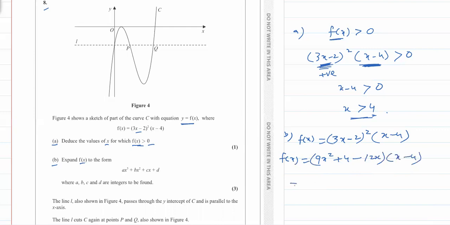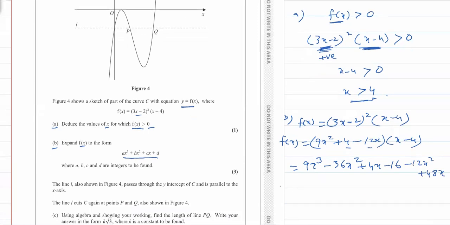Now multiply them because we have to write it in this form. So 9x square with x will become 9x cube. 9x square with minus 4 will be minus 36x square. Then 4 with both of them, 4x minus 16. Then minus 12x with both of them, it will be minus 12x square plus 48x.